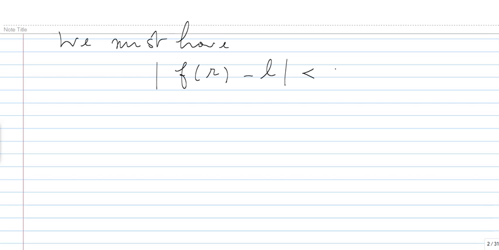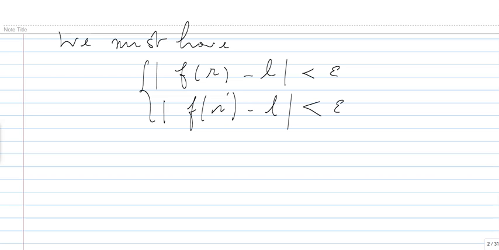We must have absolute value of f of r minus L less than epsilon, as well as absolute value of f of i minus L less than epsilon.